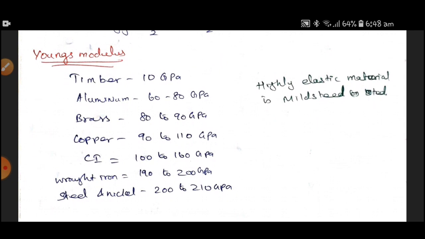From this, an important thing: even though plastic rubbers seem elastic in nature, from the material point of view, the highly elastic material is mild steel or steel.